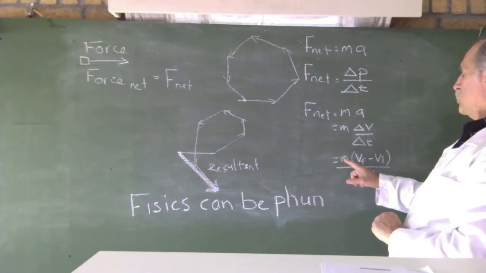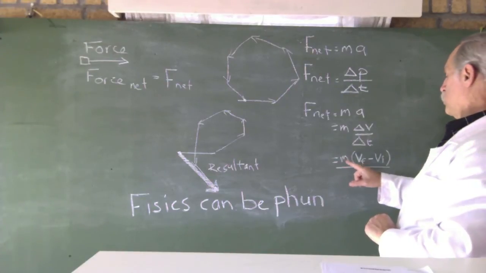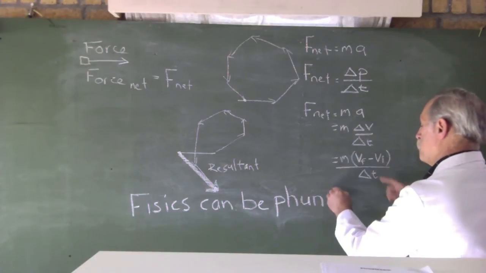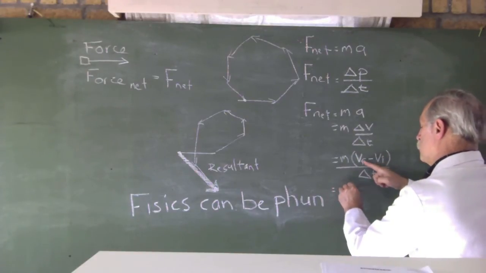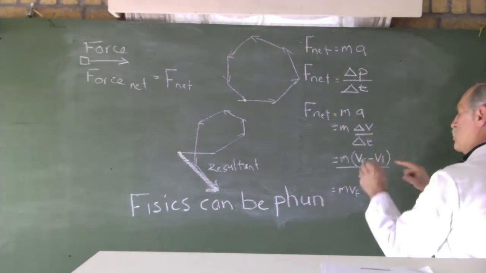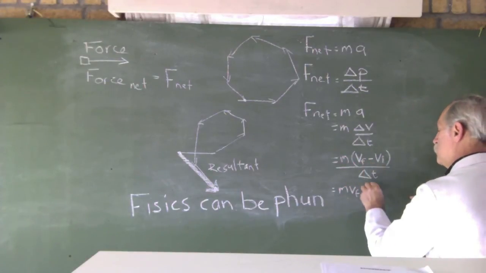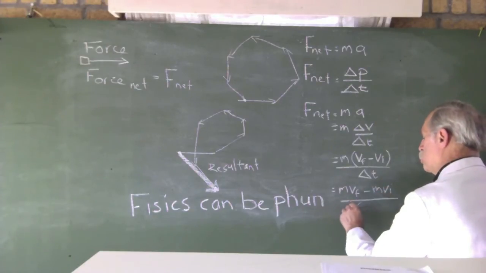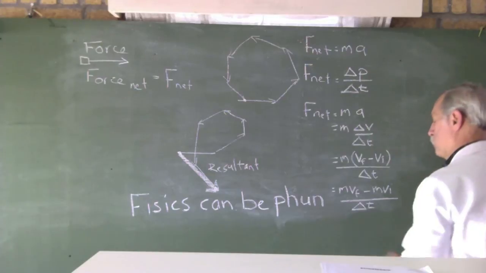But what is this also equal to? If we get rid of the brackets, we could say mass times V final minus mass times V initial over change of time.